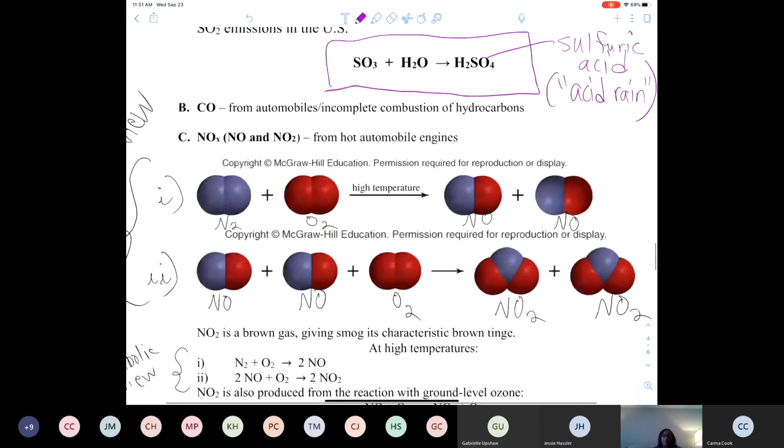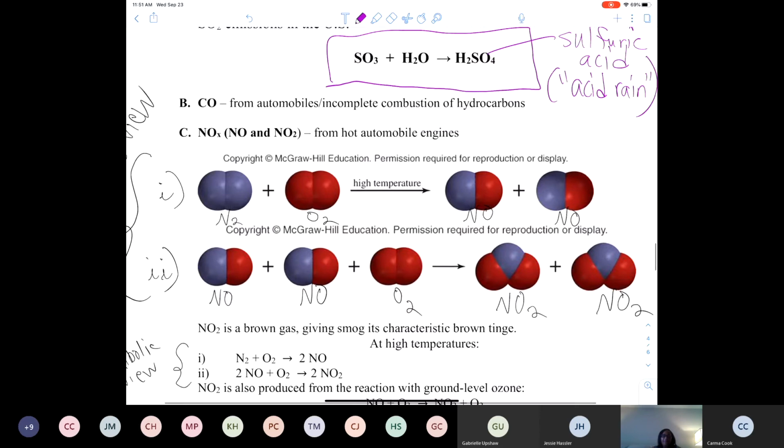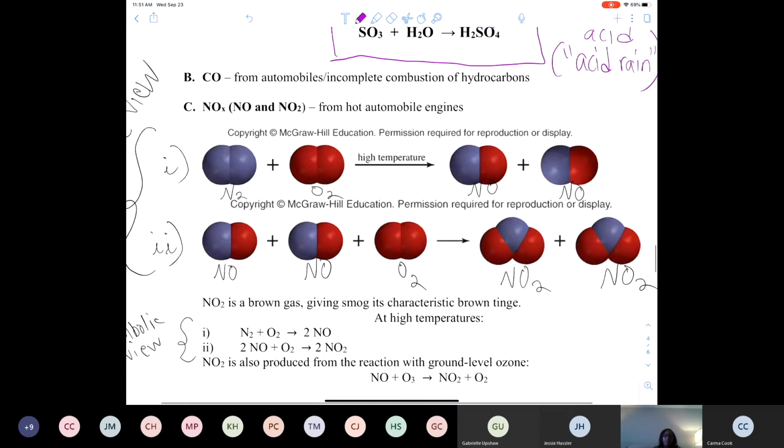And then we talked about carbon monoxide already. Its main sources are automobiles and incomplete combustion of hydrocarbons. And then the nitrogen oxides, NO and NO2, they also form due to automobile engines. And the key thing about the automobile engine is that, of course, it gets very hot.